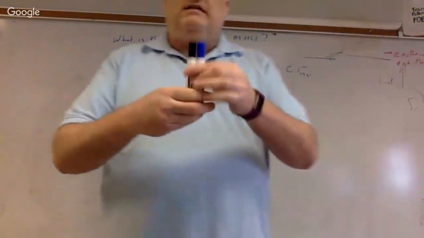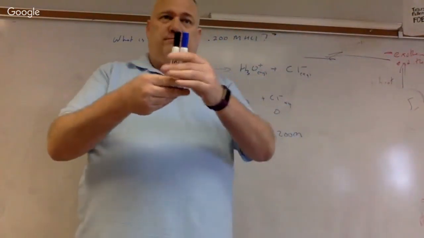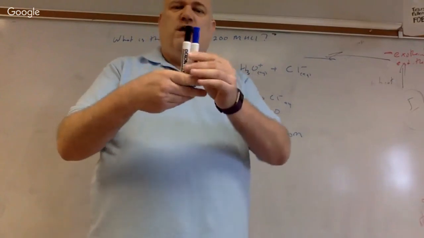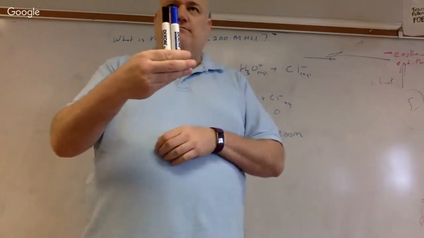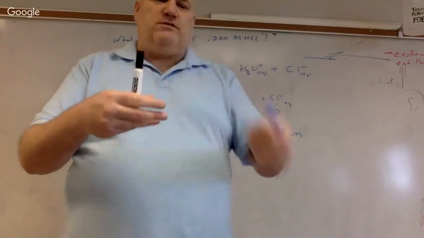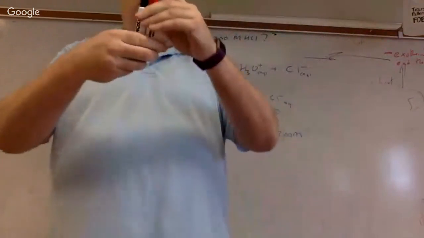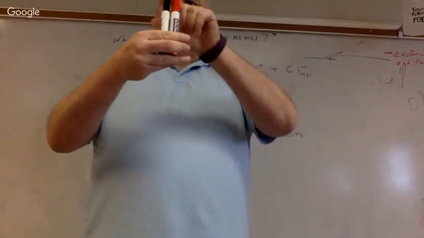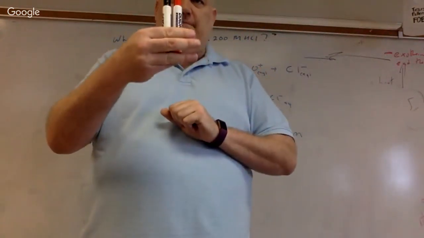But let's say we had this. So watch. Let's say this is my HCl, right? So follow this if you would. What if I told you I had one of these? You're okay with this, right? So let's do it like this. We have one black and red together, right? One bled.